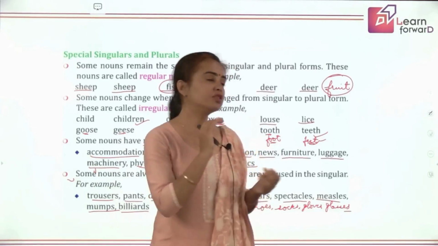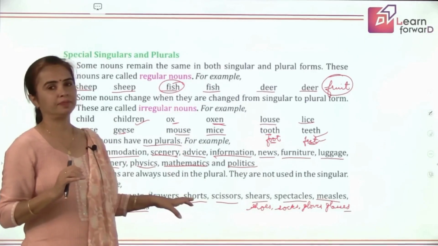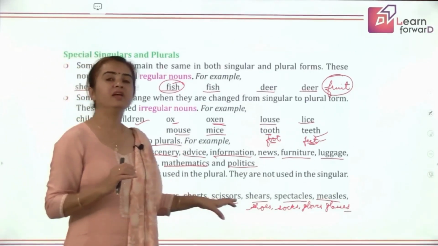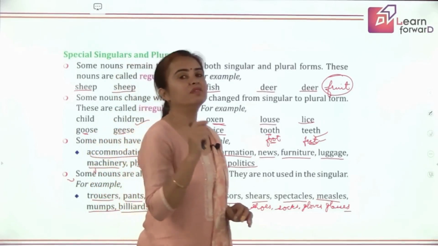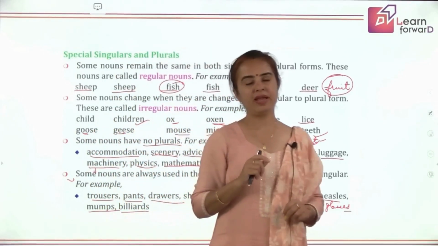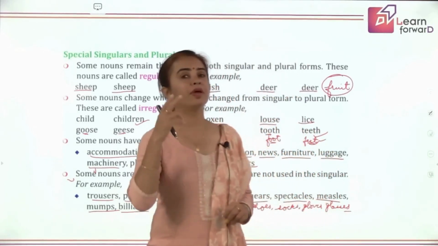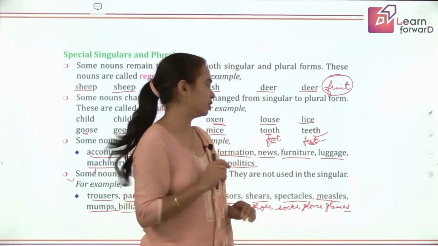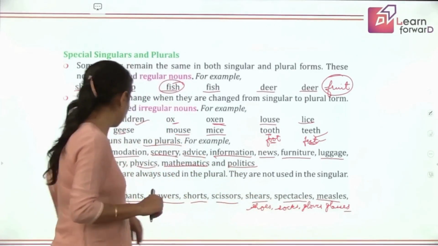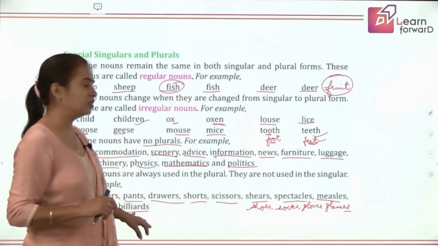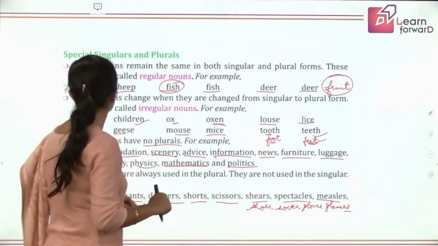So these few things are always used in pair. That is why they are always used in plural. And when we are talking about one, we say a pair, right? A pair of spectacles, a pair of glasses, a pair of tongs, a pair of scissors, like that we use. Then this disease, measles, then mumps and billiards, these are always used as plural verbs.